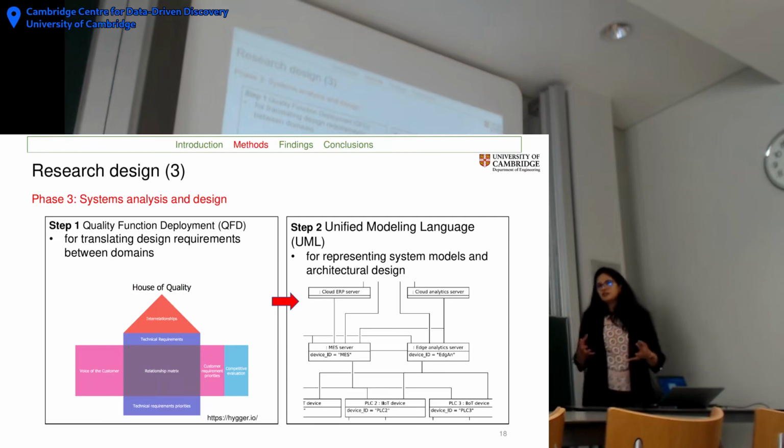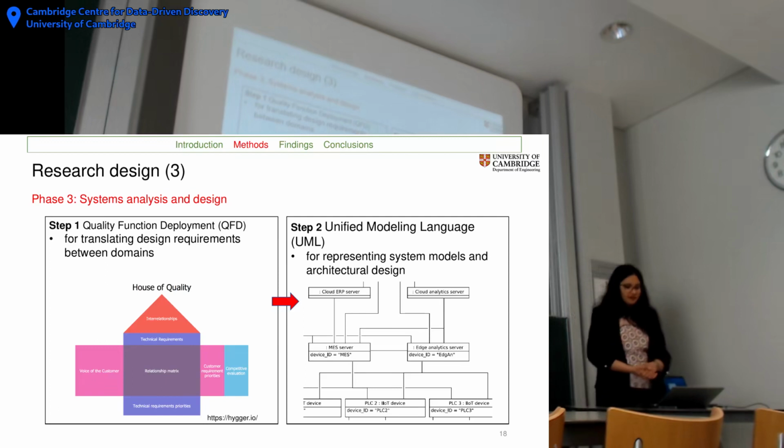It was first invented in Japan, and it's quite widely used by many manufacturing companies and also in some other fields. So the idea of this grid is to translate design requirements between two very different fields. So we use that to understand how manufacturing requirements can be translated to IT requirements to design systems for our factory.